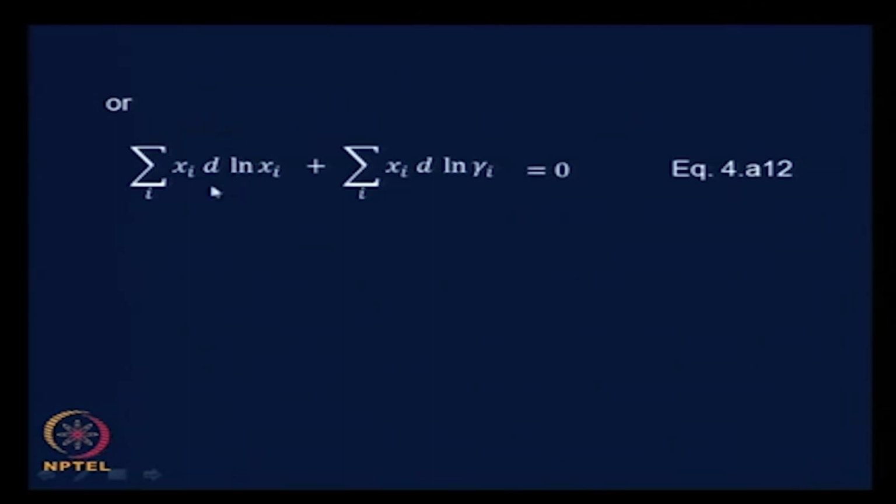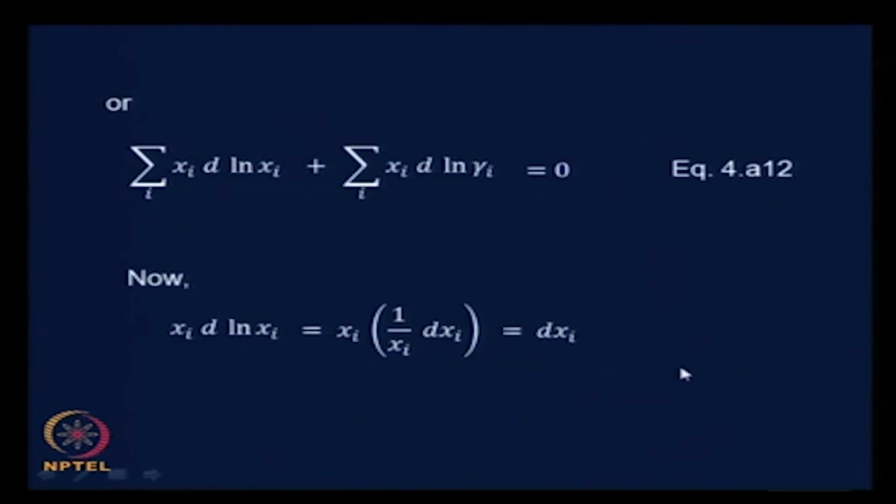This looks complicated, but it is not. Now let us expand this xi d ln xi. It is nothing but xi into 1 by xi dxi, d ln xi is nothing but 1 by xi dxi from the definition. Therefore, which is nothing but dxi because xi and 1 by xi are going to cancel out.